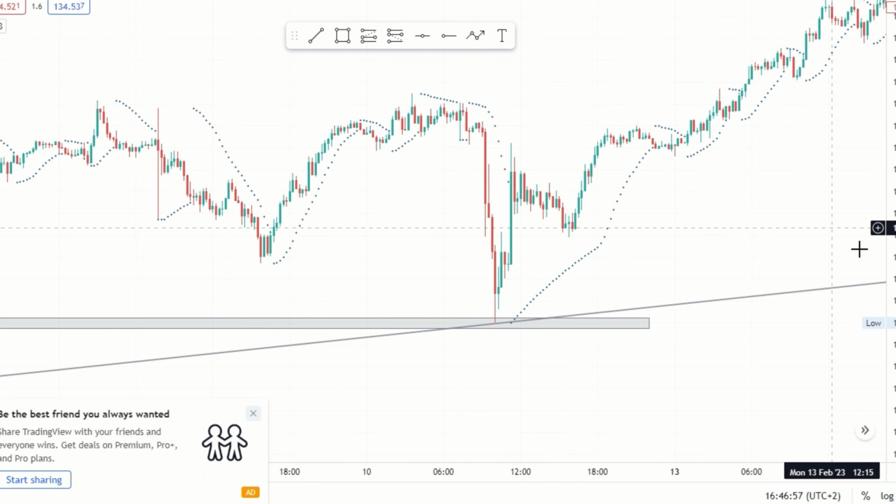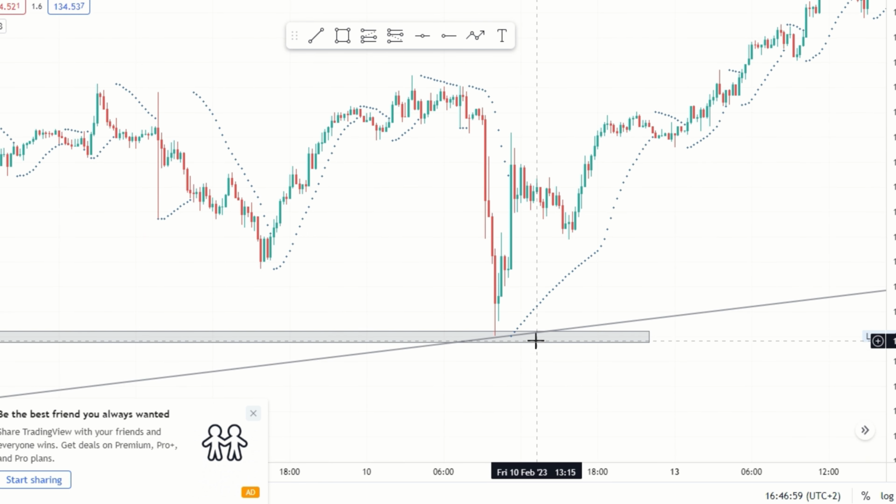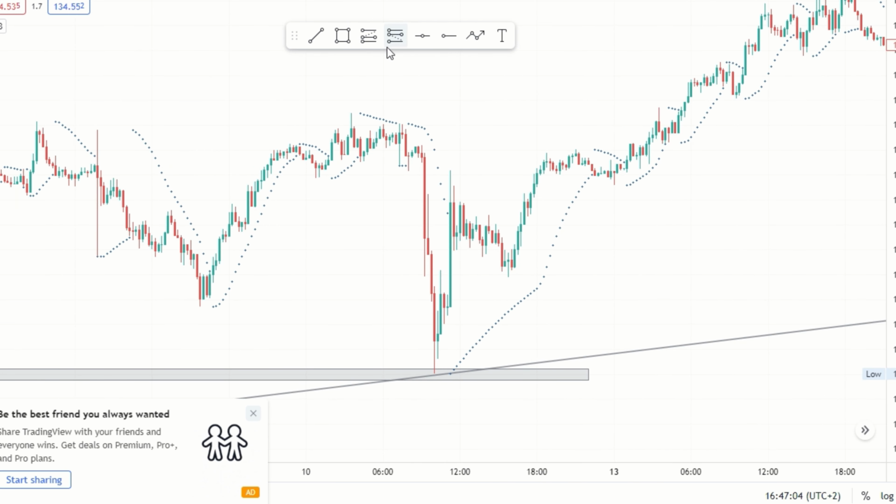So the moment this long bullish candlestick closed, that would have been my entry. This would have been my entry right here.